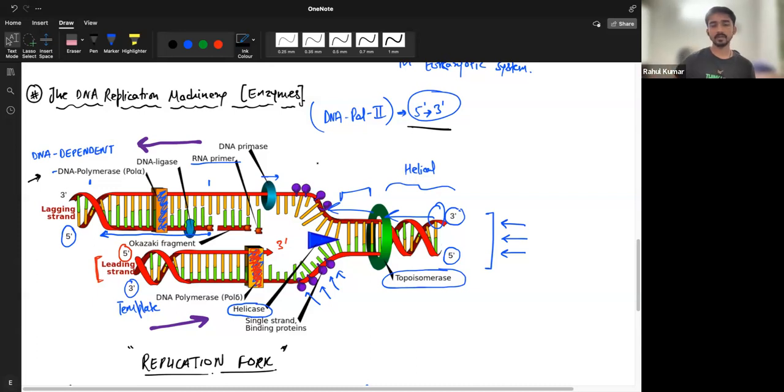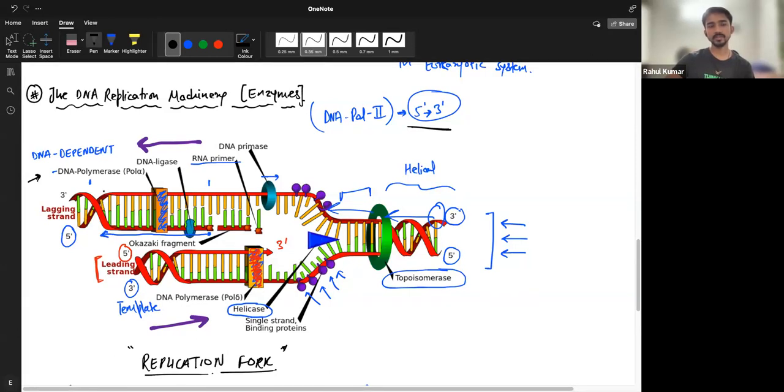Now, because of this limitation, what happens is that when the two chains open up, the two chains of the DNA have different polarity. One chain is from 5' to 3', the other is from 3' to 5'.